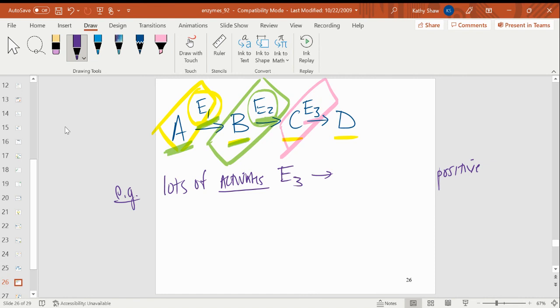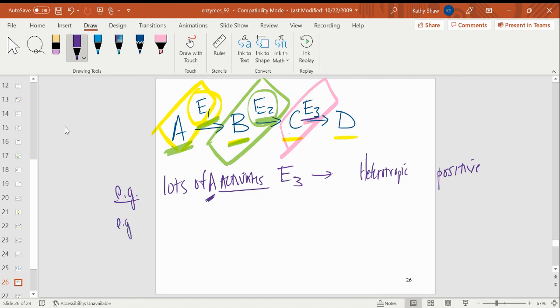Then, I'm sorry, I forgot to write the A in. A is activating E3. Well, is A the substrate of E3? No. C is the substrate of E3. A is the substrate of E1. So it's got to be heterotropic. So that's your heterotropic positive.